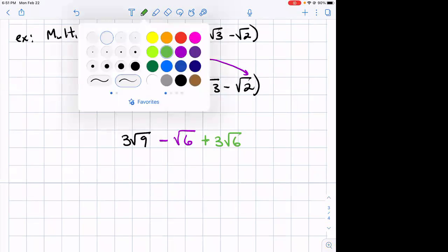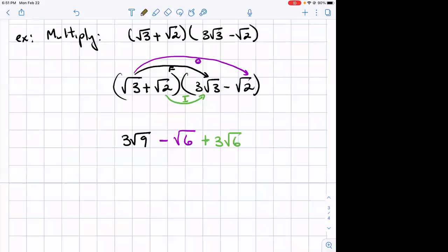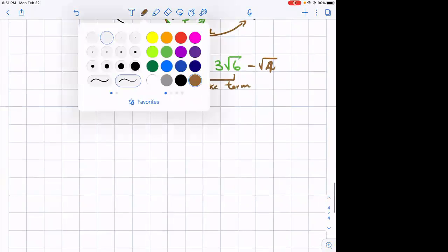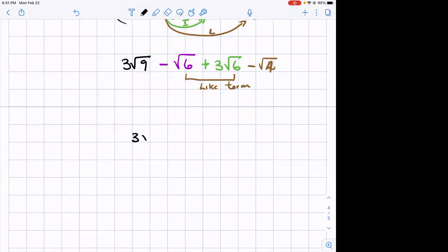And then finally, if I multiply the last terms, we get minus root 4, since 2 times 2 is 4. Notice again we have like terms. I can combine those two like terms: minus 1 plus 3 becomes plus 2 root 6, so we have 3 root 9 plus 2 root 6 minus root 4.